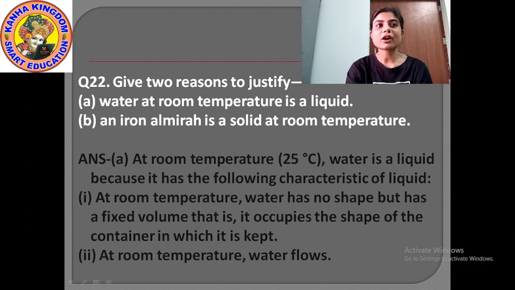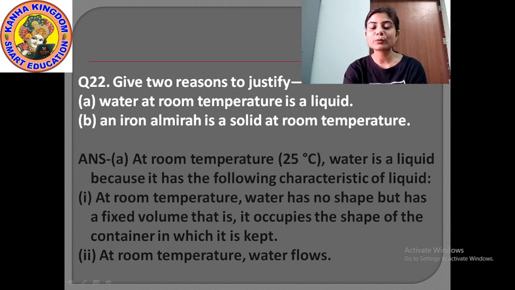Okay, the answer to question number 22A is, at room temperature, that is 25 degrees Celsius, water is liquid because it has the following characteristics. Why is water at room temperature liquid? Because number 1, at room temperature water has no fixed shape but has a fixed volume, that is, it occupies the shape of the container in which it is kept.